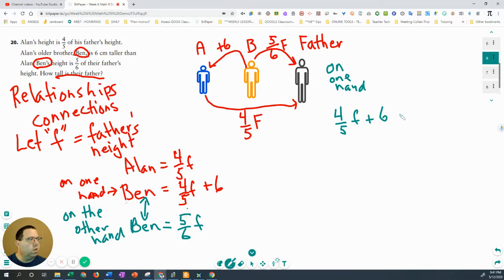And on the other hand, he's 5/6 of his father's height.